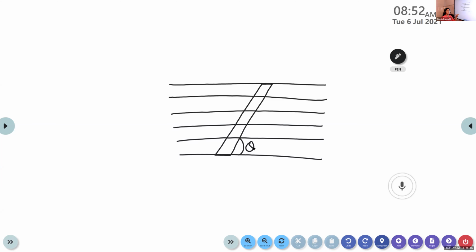Since it is inclined at an angle theta, we can resolve the length of this rectangular loop.